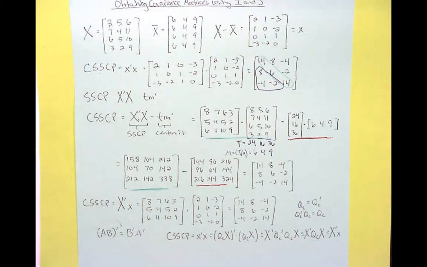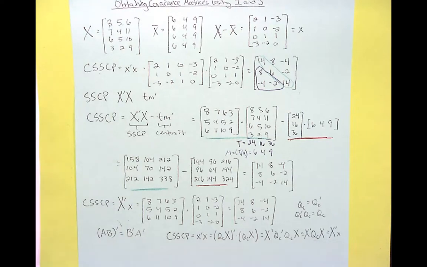So finally, we have a centered sum of the squares and cross products matrix, which we know is used to get a covariance matrix thanks to the idempotent nature of the centering matrix. So once again, we did get the centering matrix using I and j. That was then used down here so that we can figure out that the centered sum of the squares and cross products matrix does equal this.